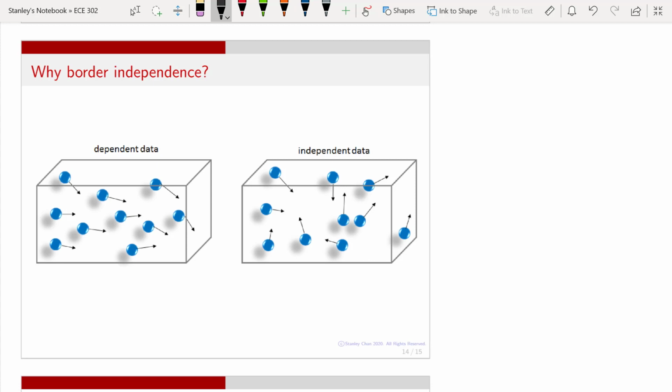Now let's look. If all these molecules are moving up and down, left and right independently, then what I need to do is to just pick any one of those and study it, assuming that they have the same randomness. Because they're independent, studying everyone together is the same as just studying one.